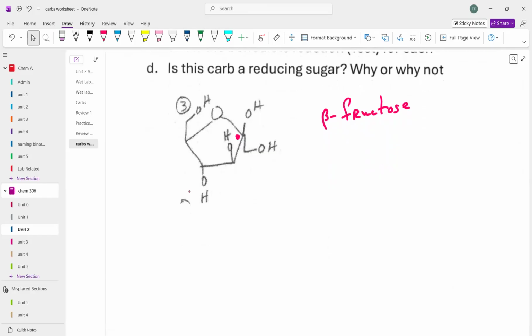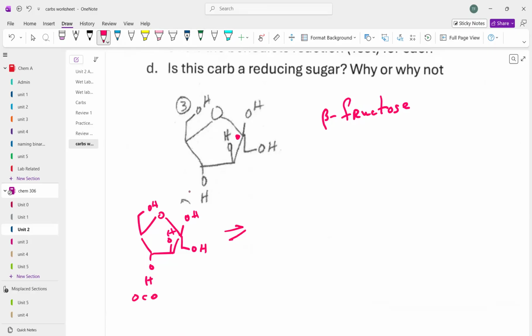So step number one is this right here, the OCO is going to open up.